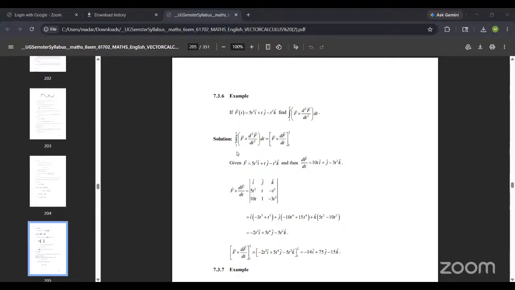Now find the solution of f bar cross d²f/dt² dt. So that is nothing but f bar cross df/dt, then integration is 1 to 2.